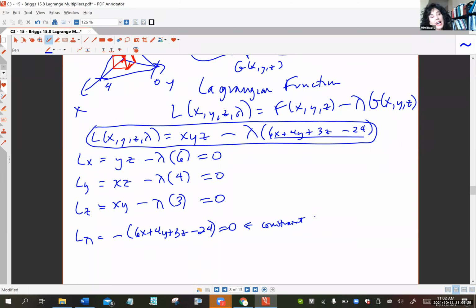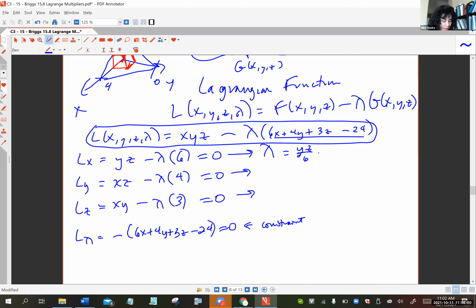Okay, and if we tackle this problem the same way that I encourage you to do most problems, I'm going to solve for lambda 3 times. When I solve for lambda with the first equation by adding 6 lambda to both sides and then dividing by 6, I get lambda is equal to yz divided by 6.